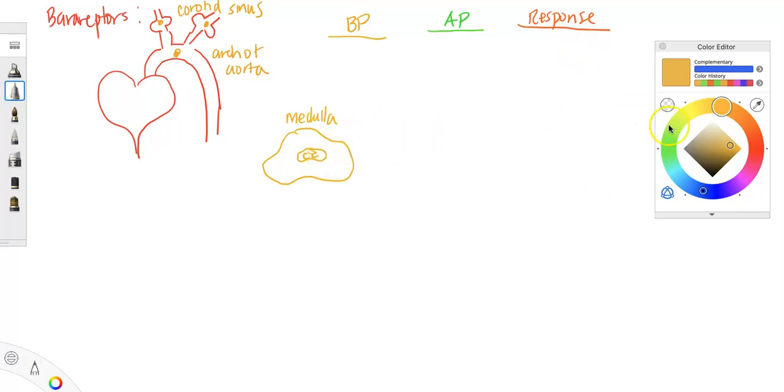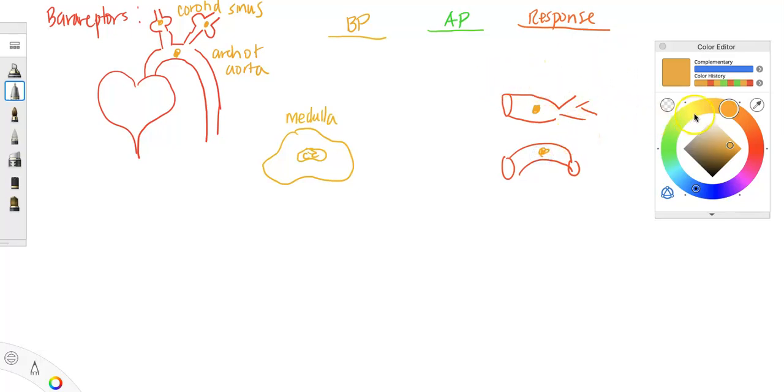So over here, I'm going to blow up my little baroreceptors. So these are the ones that are in the carotid sinus and the aortic arch.